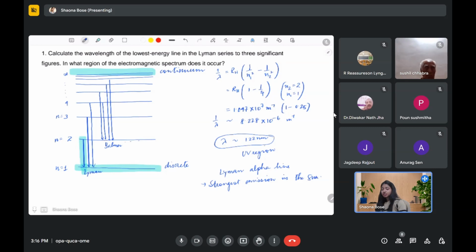It is this particular line which ionizes all the hydrogen and oxygen in the stratosphere. So we have continuous breaking down of the oxygen molecule because of this particular line.